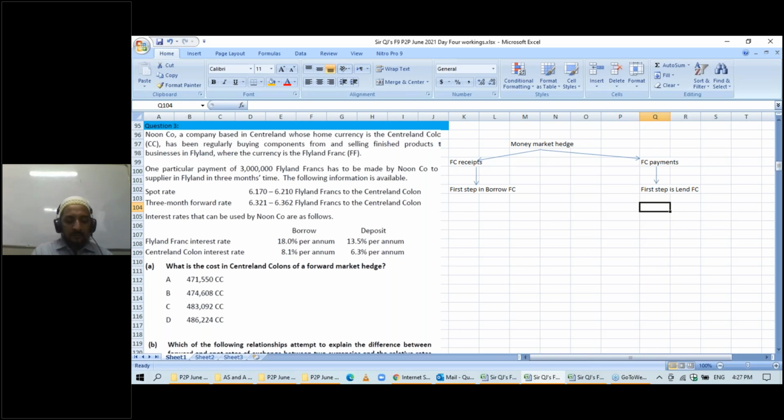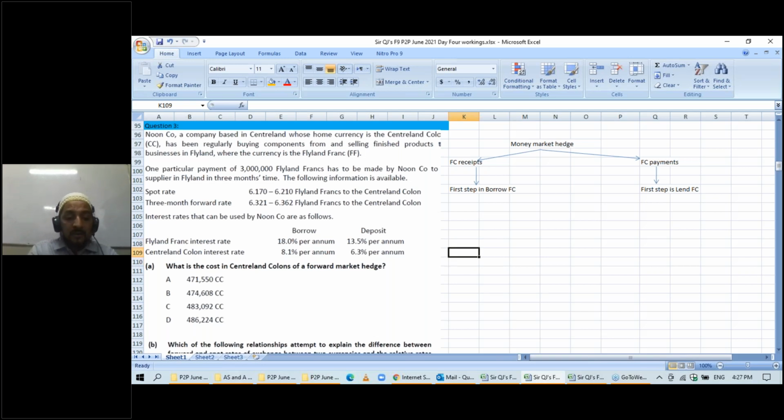Let's first do part A. In part A, what is the cost in the local currency of a forward market hedge? A forward market hedge is to be used here, and as per the question, there is a foreign currency payment to occur.